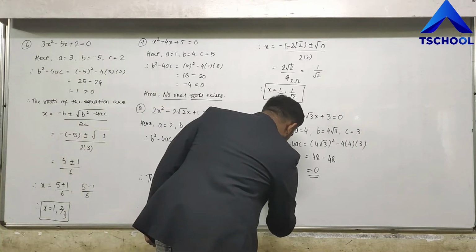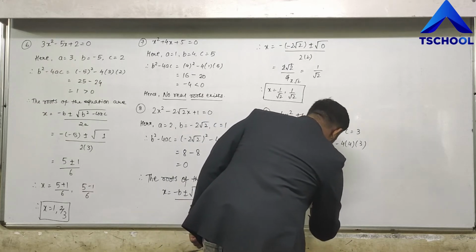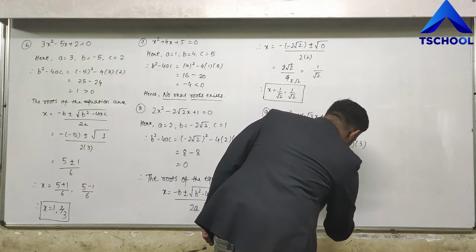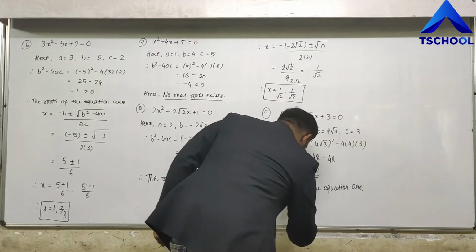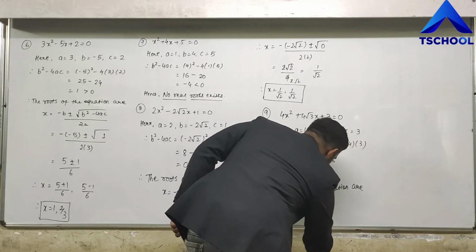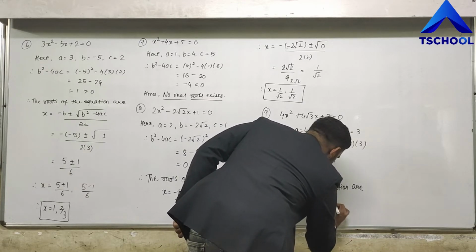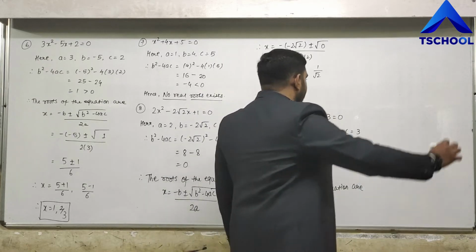Therefore the roots of the equation are x equals minus b plus or minus root b square minus 4ac upon 2a, right?